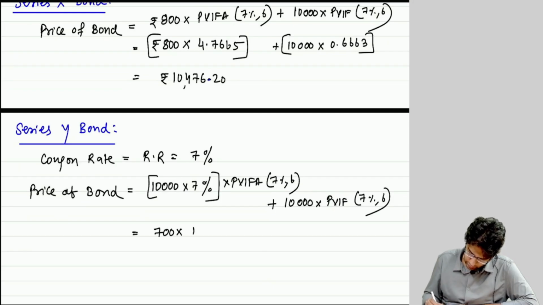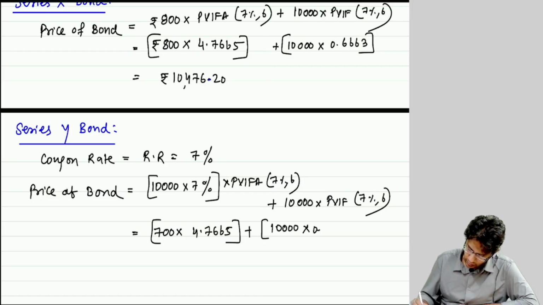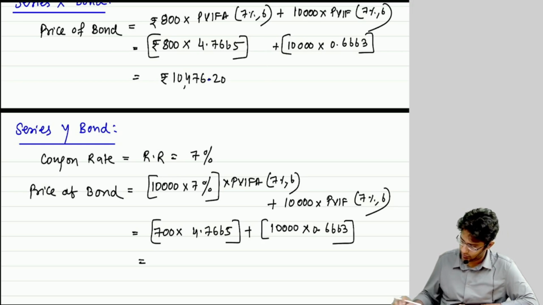That is 700 into 4.7665 plus 10,000 into 0.6663. See, in case we know the answer, but still naturally whatever comes, write that.